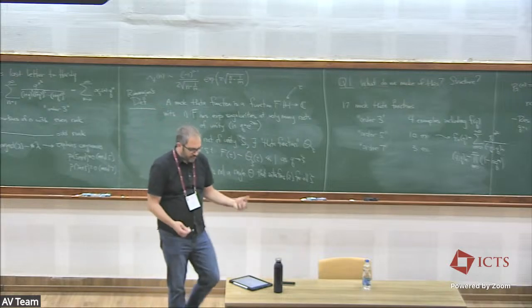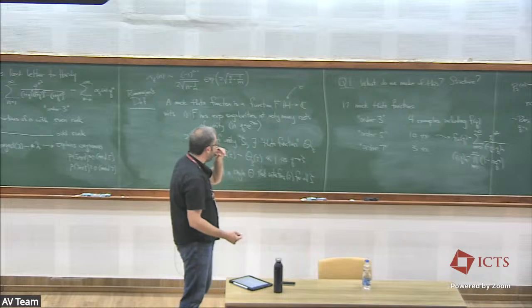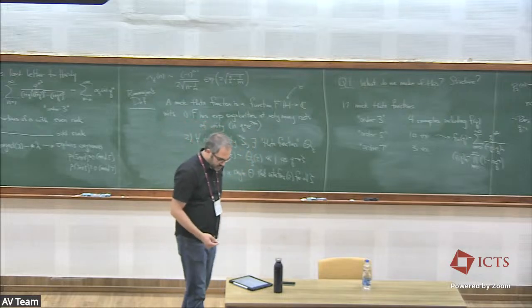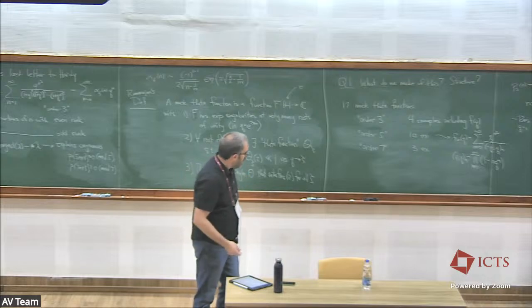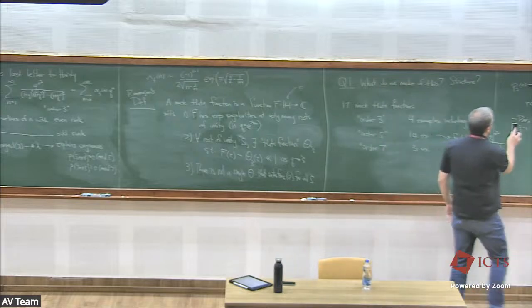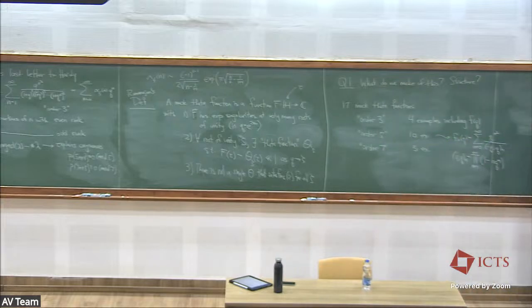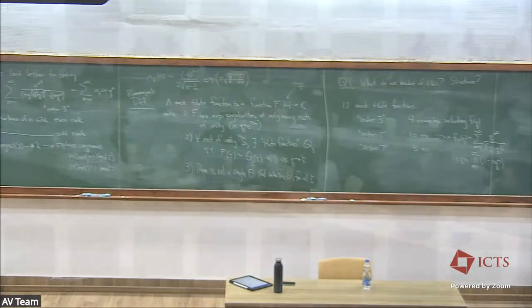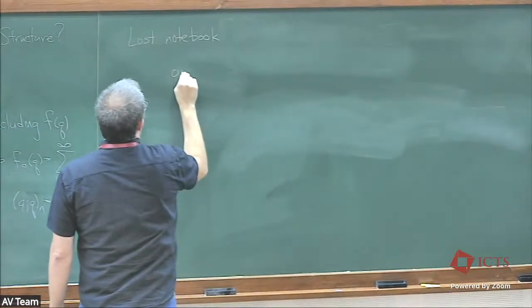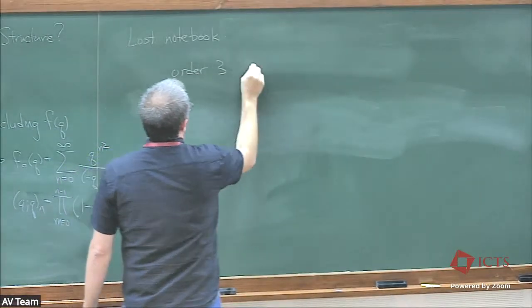So for today, and for tomorrow, I'm just going to talk about these 17, but you should know that there are others. Though actually, maybe I will mention one other one that was discovered in the Lost Notebook. There's another order 3, and it's called omega.